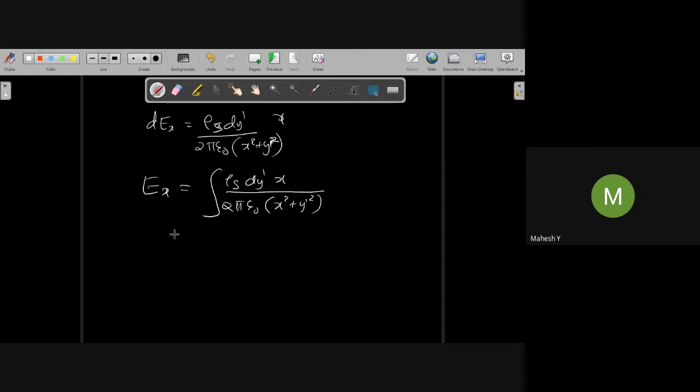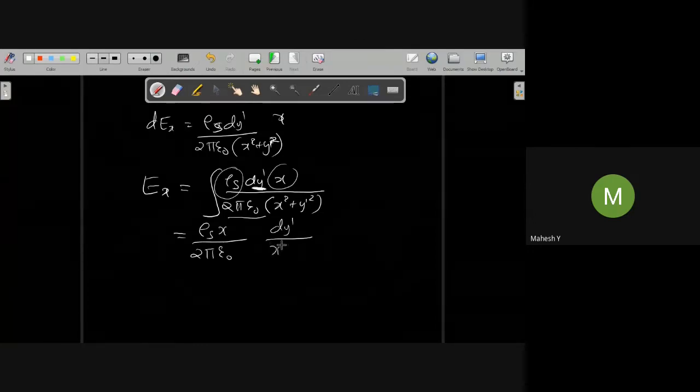Rho S is a constant, x is a constant because I am integrating with respect to y prime, and 2 pi epsilon 0 is constant, but x square plus y prime square is together, so I cannot take that outside. So only rho S x divided by 2 pi epsilon 0, and the integral of dy prime divided by x square plus y prime square.